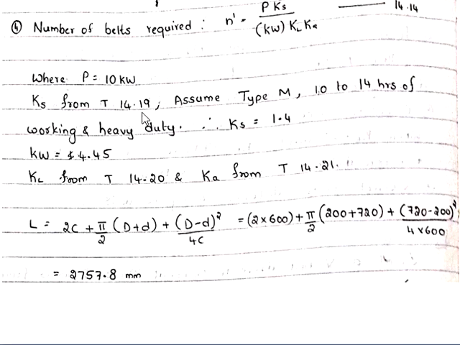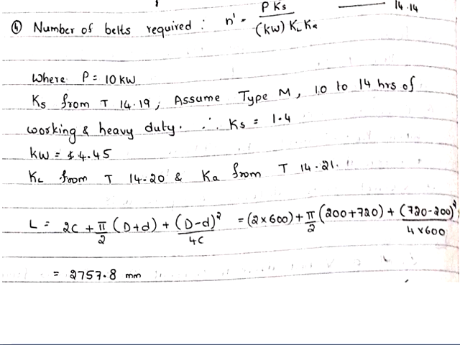Ks is from table number 14.19. This is given exactly below equation number 14.14. So the Ks value you can get from table number 14.19. Assume type M. It's given that there are 10 to 16 hours of operation.